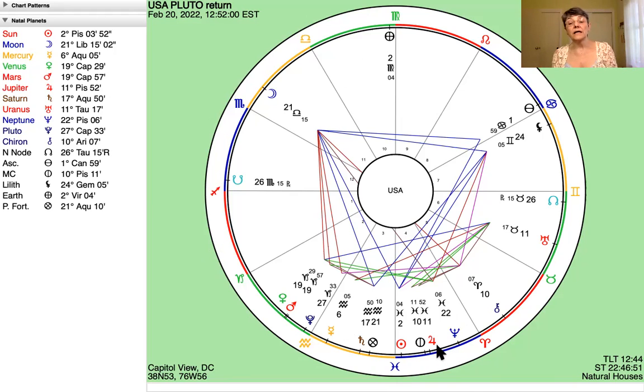And not only that, but I want to read about the midpoint, because Jupiter is at the midpoint between the sun here in Pisces at 2 degrees and Neptune at 22 degrees. And midpoints are very important, and it is also conjuncting the IC, which is the most intimate part of the country, right? Which is the population, the fourth house.